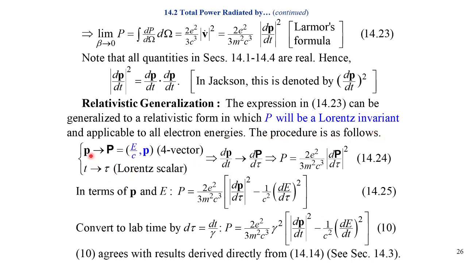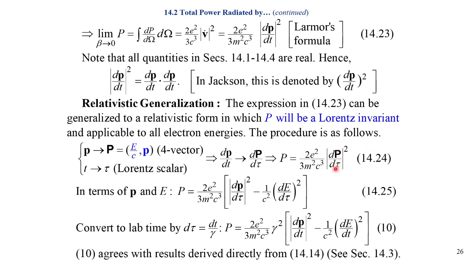First, let's generalize p, lowercase p, to capital P. And capital P comprises two parts, E over c and p. That's a 4-vector. dp over dt, we just change to capital P over d tau. So P will be 4-momentum. The 4-momentum squared over d tau.